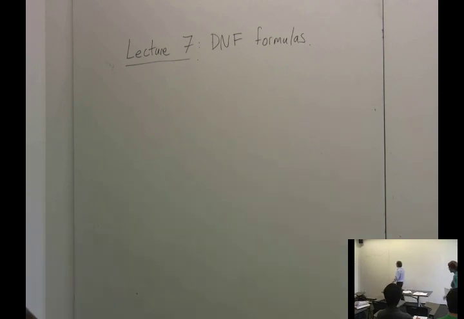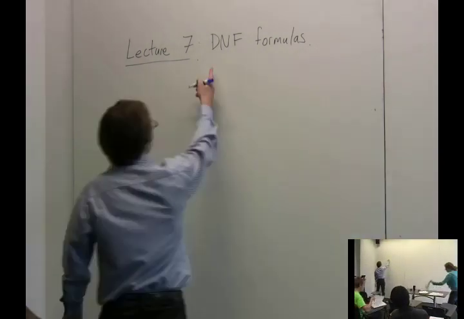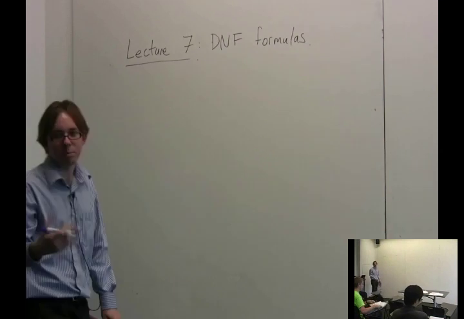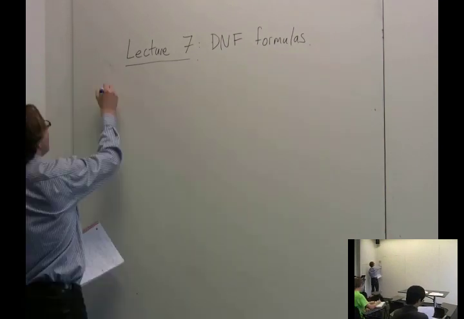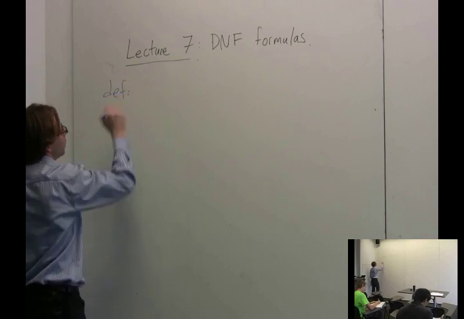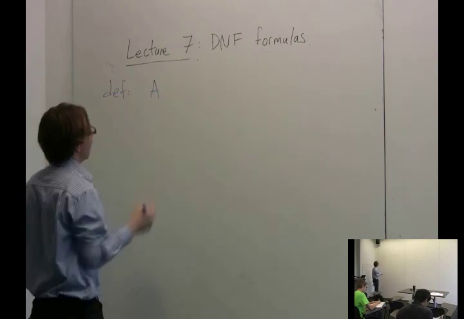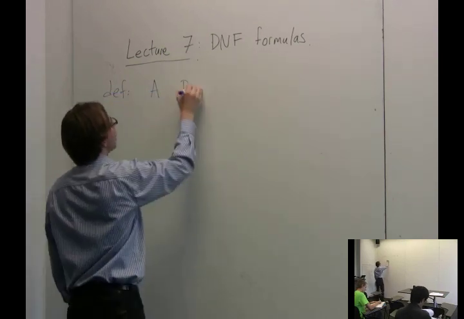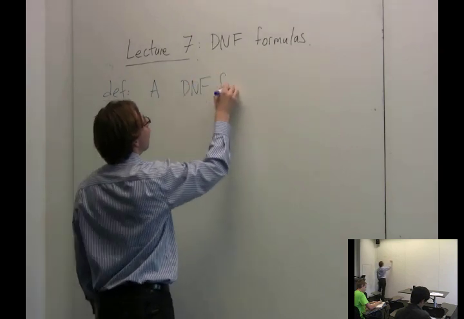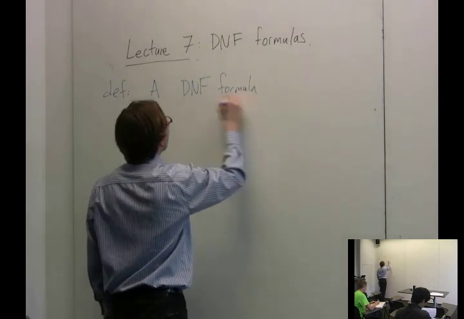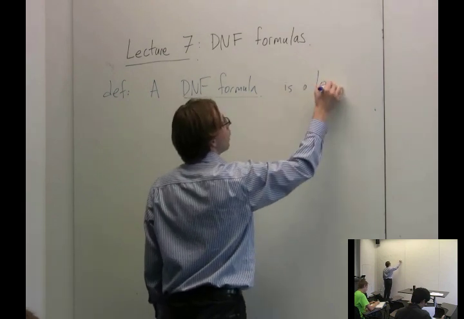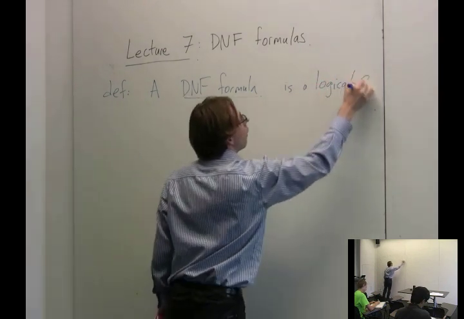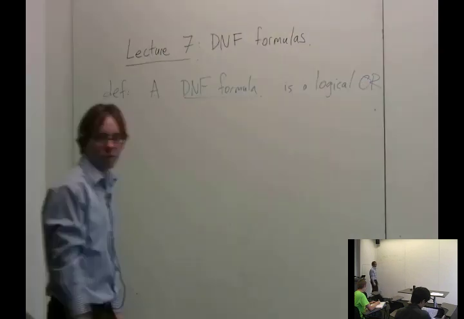OK, so in case you have not heard of DNF formulas before, this stands for disjunctive normal form, but it's not important. It's just some letters. A DNF is a simple object. It's just an OR of ANDs. So a DNF formula is the logical OR of groups of variables and their negations.